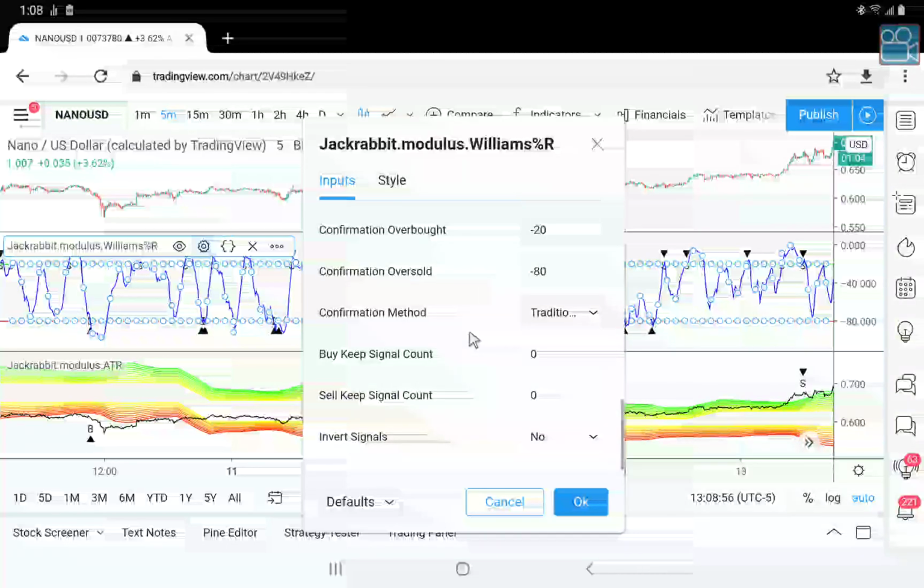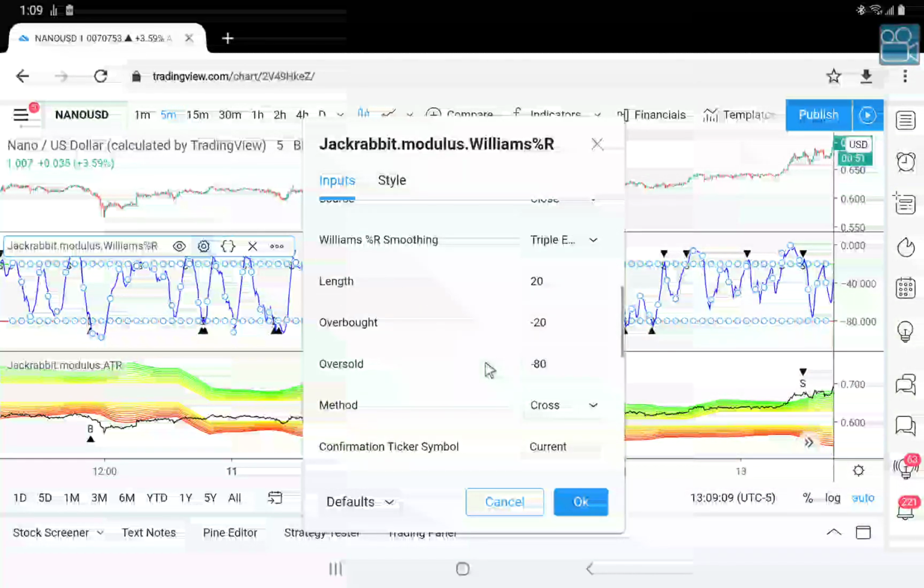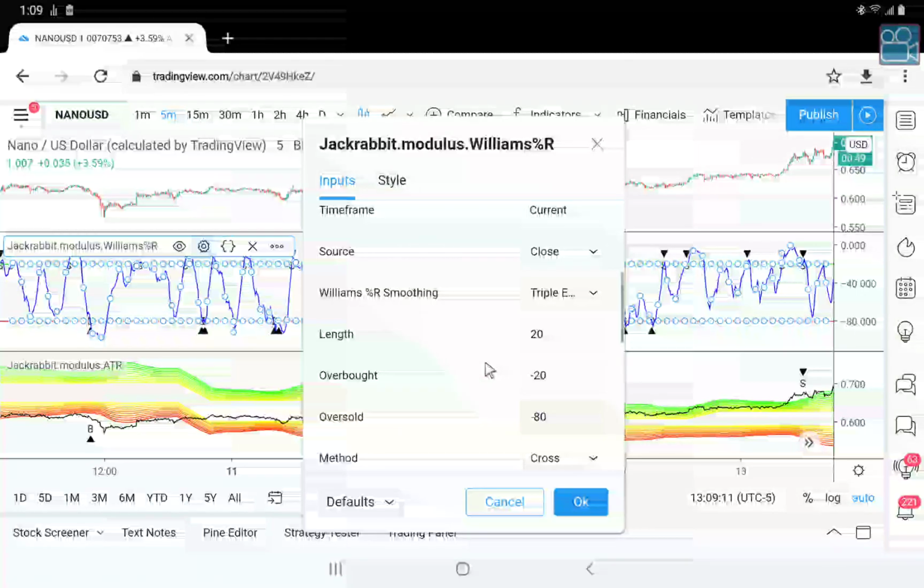But the results speak for themselves. So as you can see, only the basic components here. This is really it. The smoothing and a crossover.